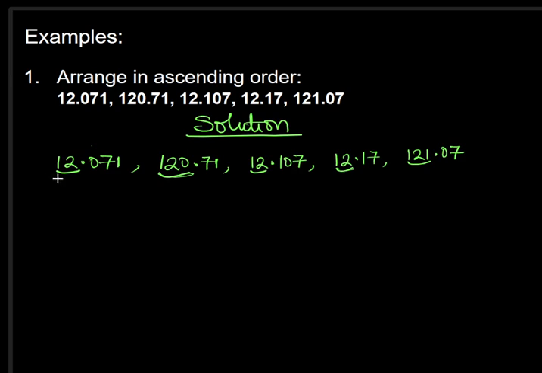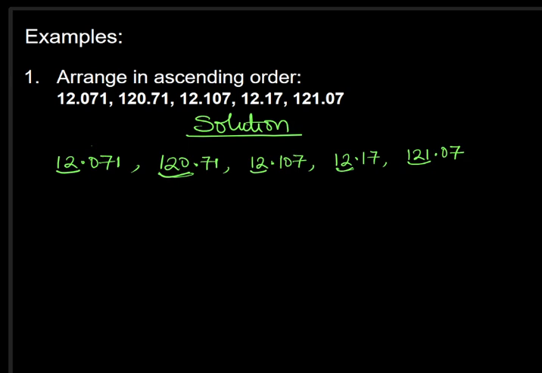But in a case where we have something like 12.071, then 12.107, and 12.17, this is a case where you have to enter the fractional part. So we know that 120.71 and 121.07 will be at the last part, since we are arranging in ascending order. Ascending order means from the smallest to the biggest.